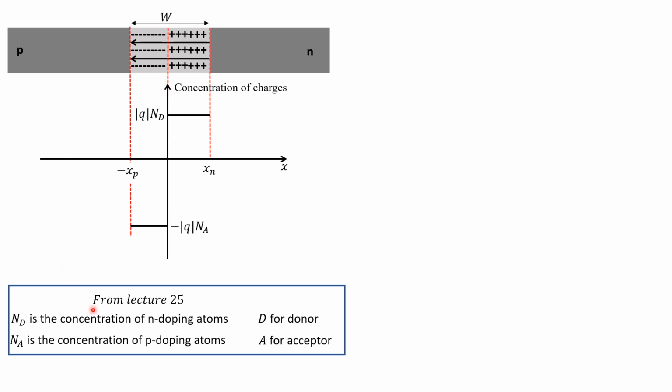And also recall from lecture 25 that Nd denotes the concentration of n doping atoms, and Na denotes the concentration of p doping atoms. So if we have an Nd concentration of n doping atoms and each ion contributes with a fundamental charge, then it follows that the concentration of charge must be Nd times q.